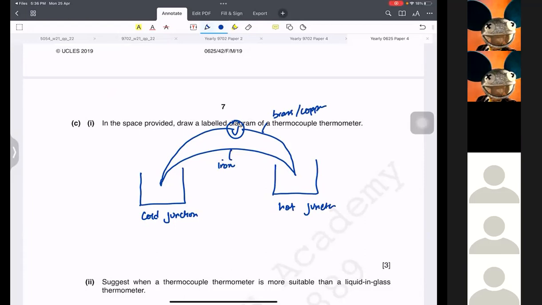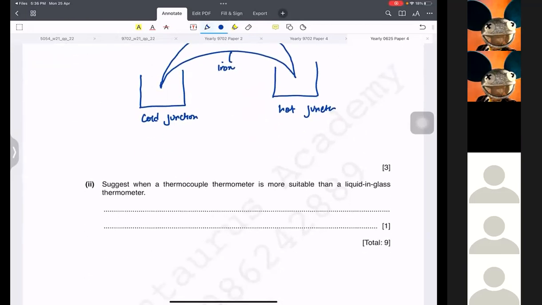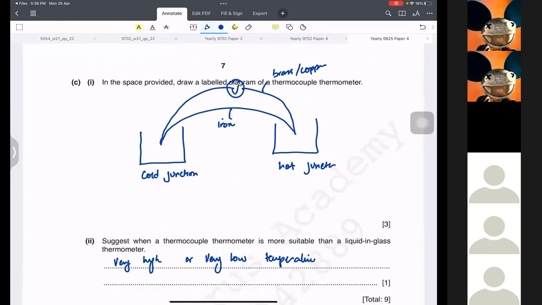Then it says suggest why a thermocouple would be more suitable than a liquid-in-glass thermometer. A thermocouple is very suitable when there is very high or very low temperature.